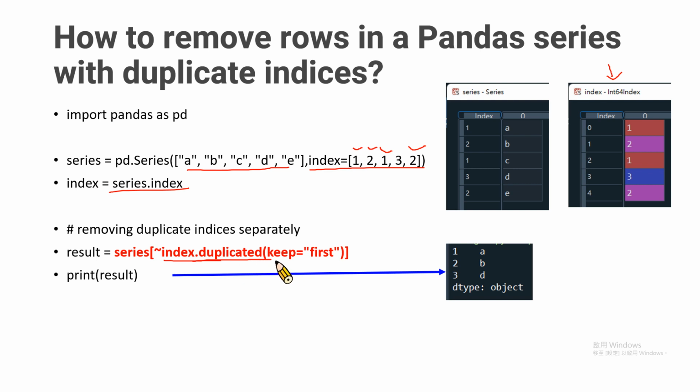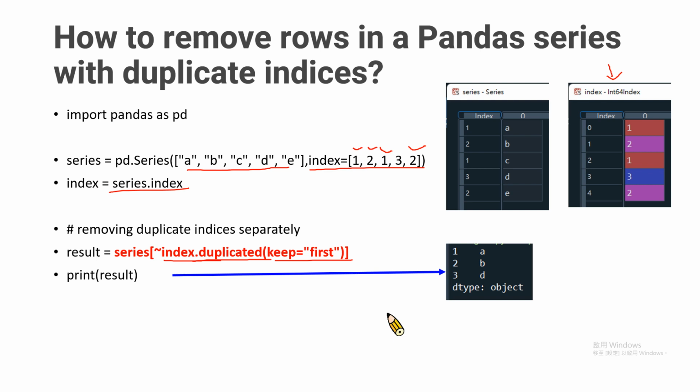And we set the keep option to be first. It means that the first duplicate index will be marked false, and the other duplicate indexes will be marked true.